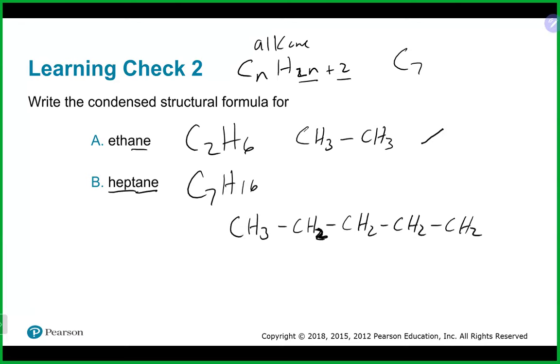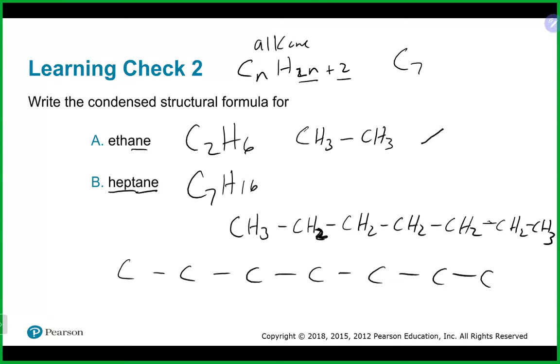I feel like I lost count there. 1, 2, 3, 4, 5, 6, and 7, with CH3 at the end. If you weren't sure, and you know it's 7, you could also lay out the carbons first: 1, 2, 3, 4, 5, 6, 7.